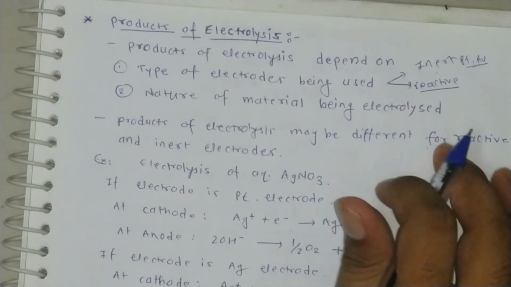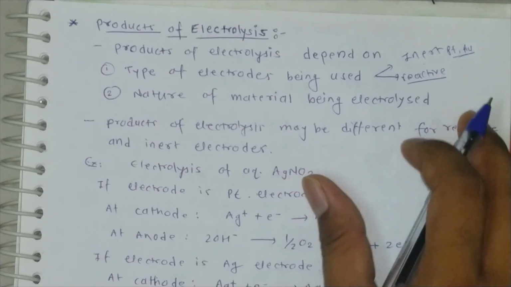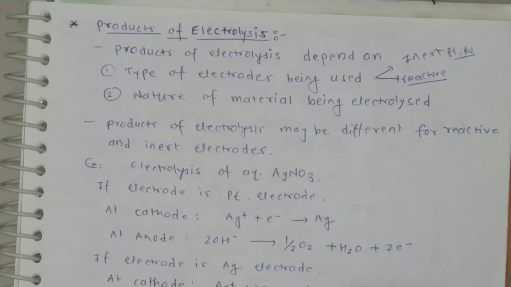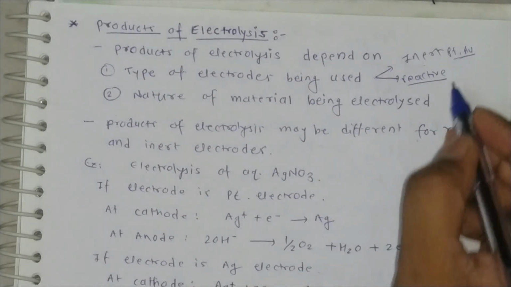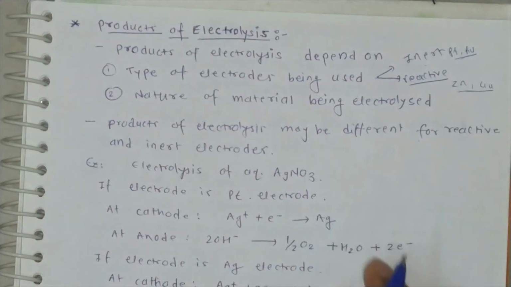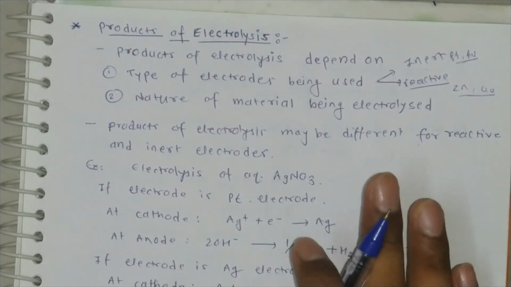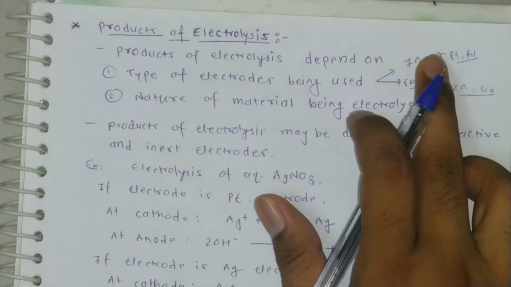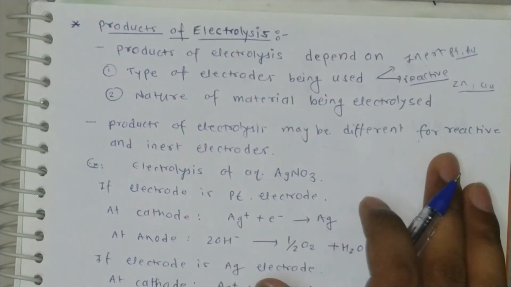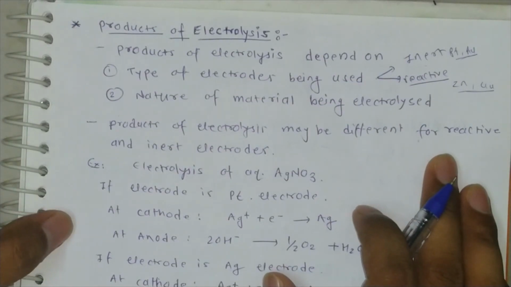These are called inert electrodes, which do not participate in the oxidation reduction reaction, whereas reactive electrodes will participate in the oxidation reduction reaction. For example, in the Daniell cell, the electrodes are made up of zinc and copper, and both electrodes participate in a reaction. So if electrodes participate in a reaction, the product will be different, and if inert electrodes are taken, the product will be different because they do not participate in the chemical reaction or oxidation reduction reaction, right?